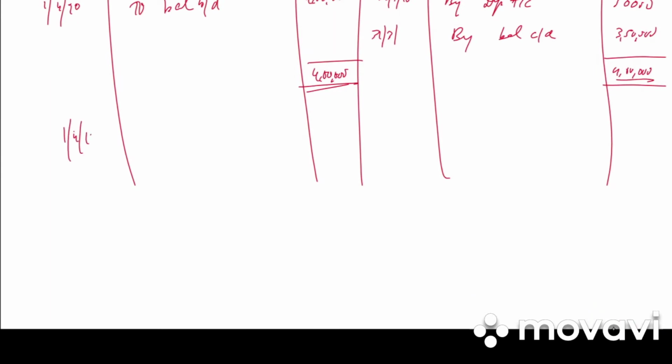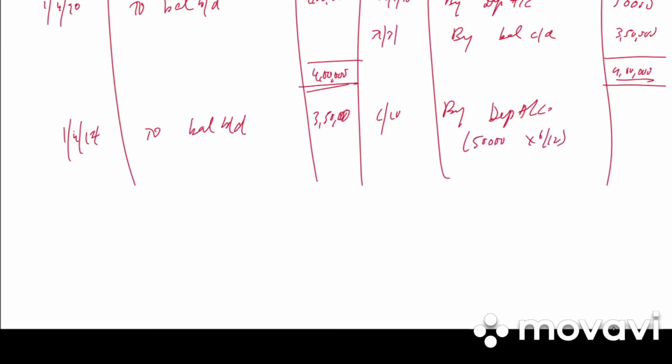Then 1st April 2011 to balance brought down, 3 lakh 50,000. On 1st October by depreciation account, that is 50,000 into 6 by 12, 25,000. 1st October by bank account, 2 lakh.